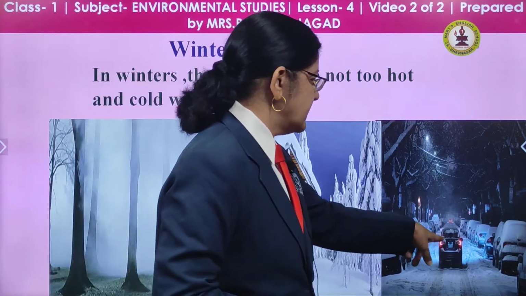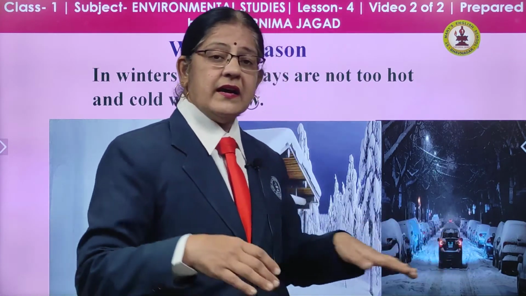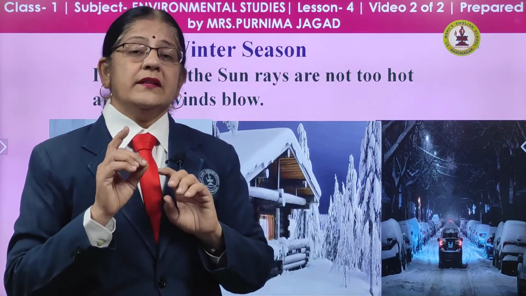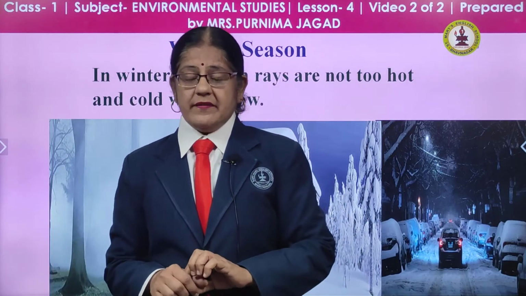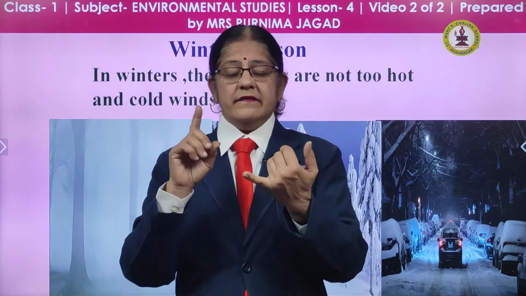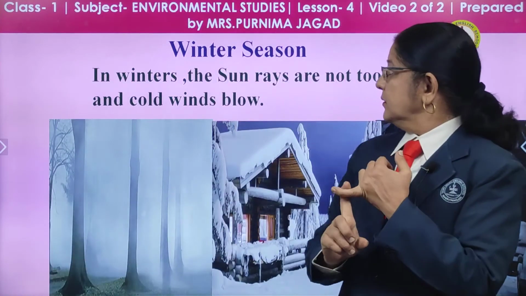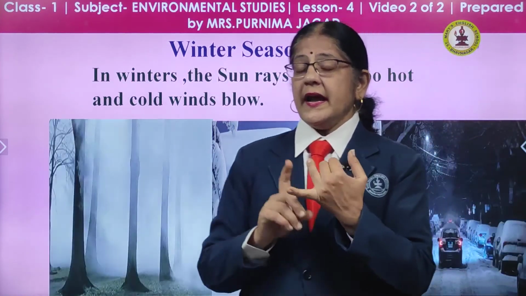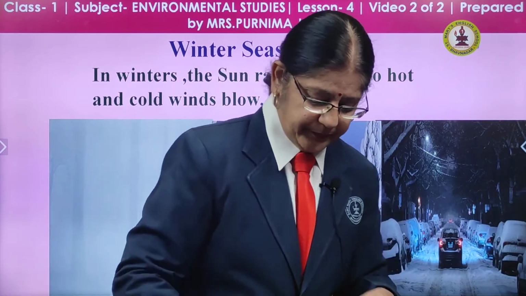Here you can see the vehicles are parked at night and one car is moving on the road, and the road is also covered with snow. It is very difficult to drive. So, sometimes the roads are also blocked. So, in winter season, heavy snowfall is there. We use woolen clothes and cold winds blow.